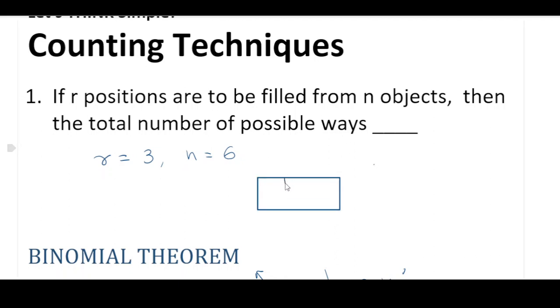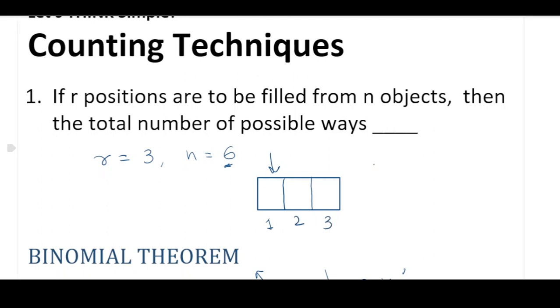These 3 boxes, suppose we have these 3 positions, and now I'm interested in filling these 3 positions out of a total of 6 objects. These are the total objects which I have. So now the first question is, let me mark these boxes. This is the first box, this is the second box, and this is the third box.